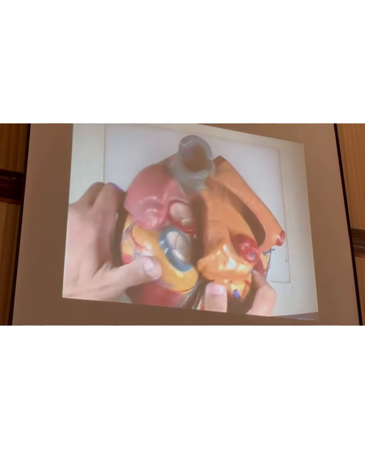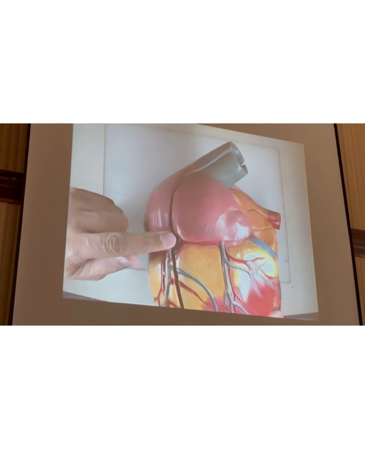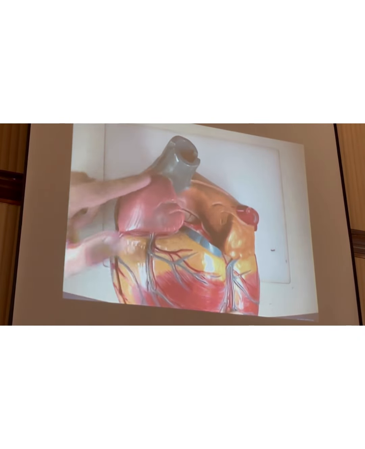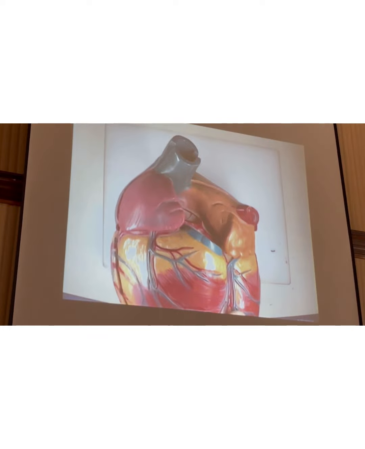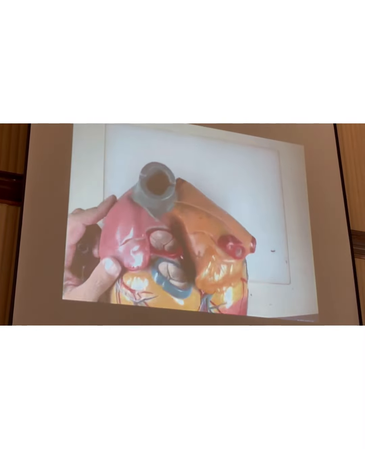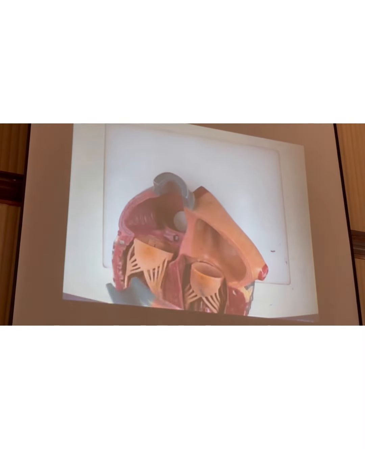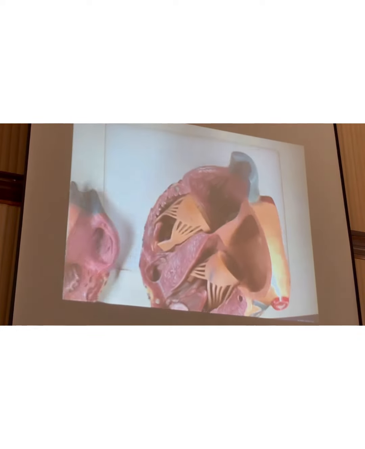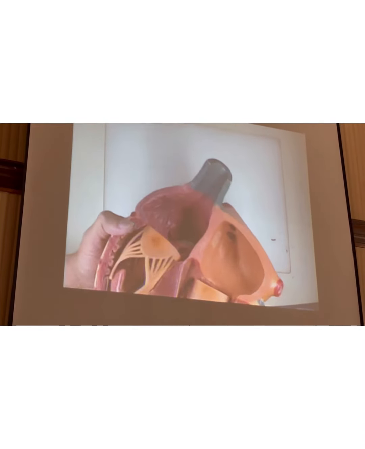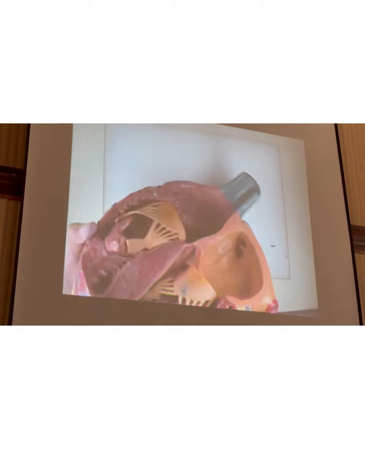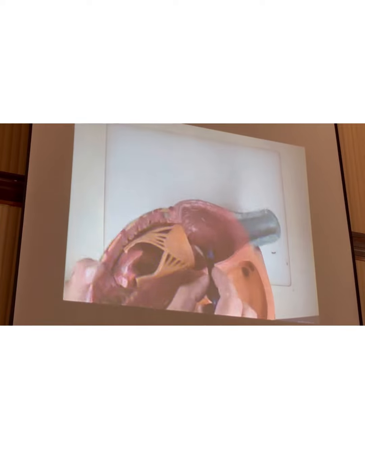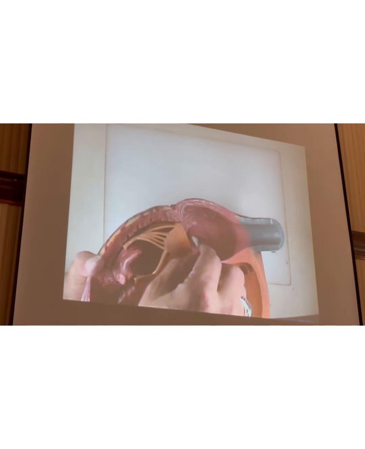Here, this part is separated by a sulcus from the auricle. This is the auricle, like an auricular projection. It's separated by a sulcus. You see here. This part is the auricular part, and this is the atrium proper, the main cavity.